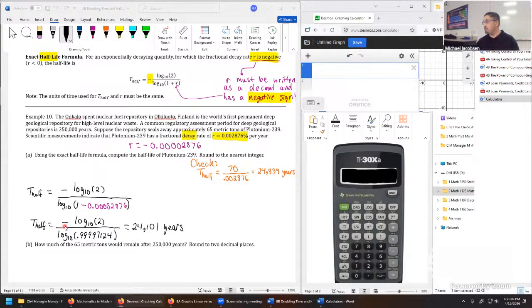If you looked into just the numerator, negative log of 2, and write down, say, 7 or 8 decimal places of this number, then divide it by log 0.99997124, then probably keep 5 significant digits on this number, meaning keeping lots of decimal places on this one.